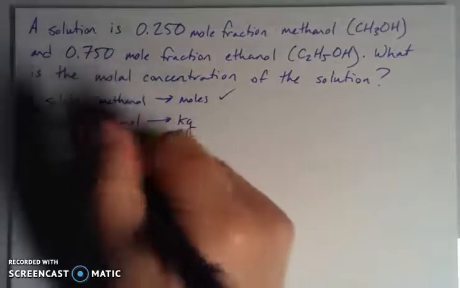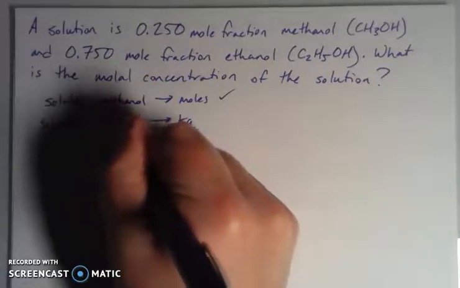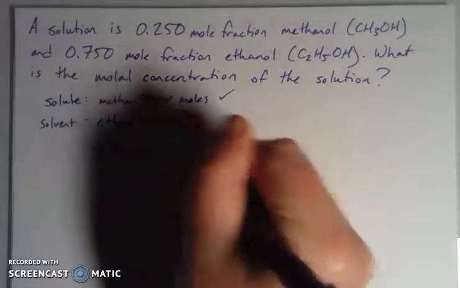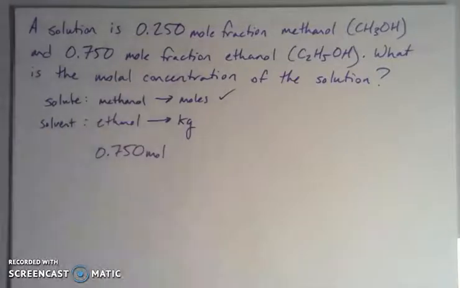So let's start off with the moles that were given. So 0.750 mole fraction. If we're assuming 1 mole of all of this, and we say, all right, well, 0.25 is methanol, 0.75 moles is this other thing, then we can go from there. This other thing is ethanol.